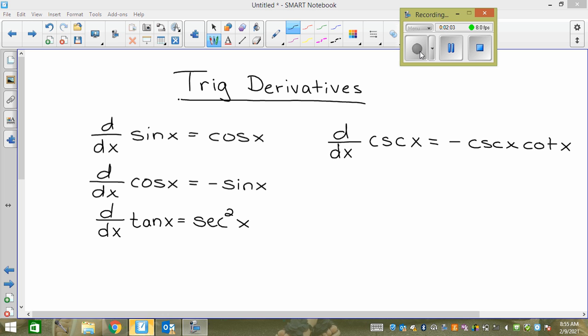And then you have secant. It doesn't start with a c, so it's positive. I think it's secant x tan x. And then you have cotan x, which is negative cosecant squared x.